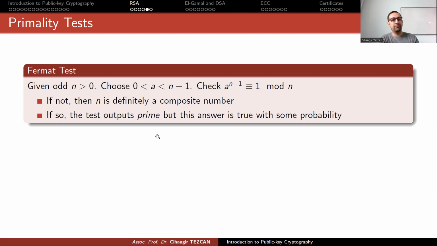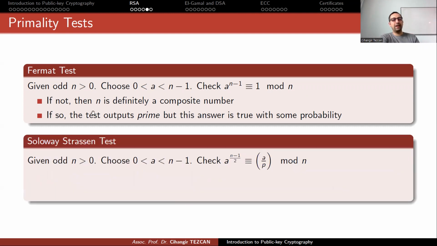But if it is 1, then the answer is true with some probability, because you might be unlucky and it might be a composite number, but this equation might still hold. So what you do is as follows. Repeat this process: choose another a and check the equality. Choose another a and check the equality. If it gives you 1 many times, then you will say that most probably this is a prime number.